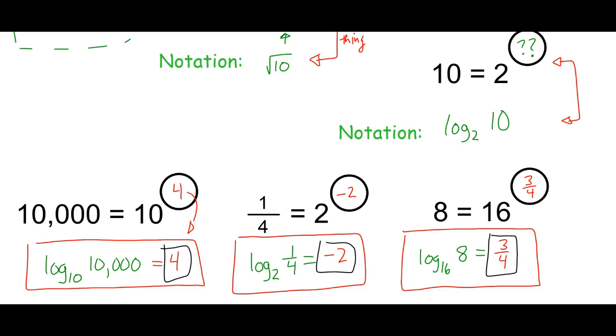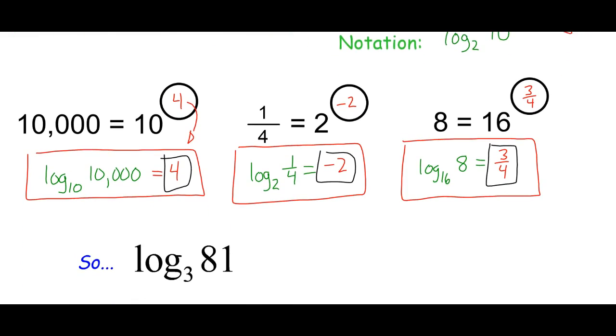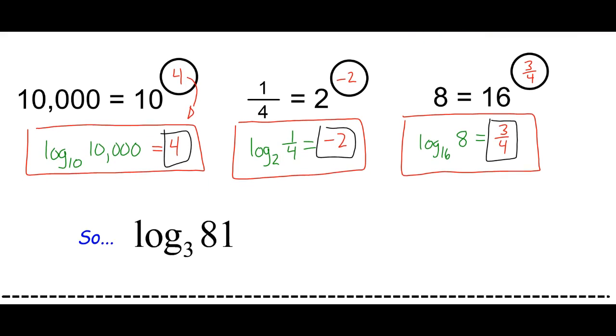So with this idea in mind, that this is what a logarithm means, let's see if we can already do this logarithm here. You might want to pause the video, compare it with those 3 up there, think about what you're actually trying to figure out, and then see if you get the same answer I'm about to get. So, the 81 is the answer we're trying to get when we're done doing the exponent.